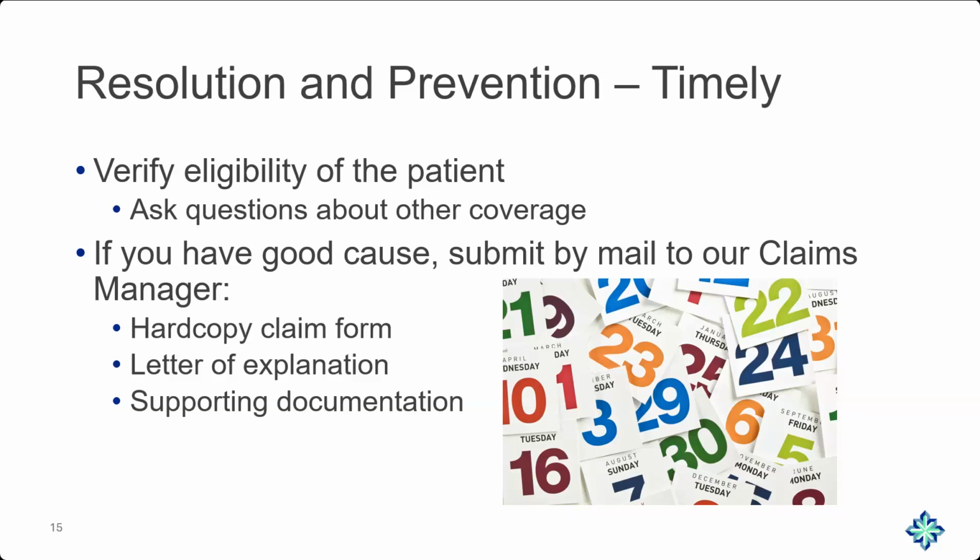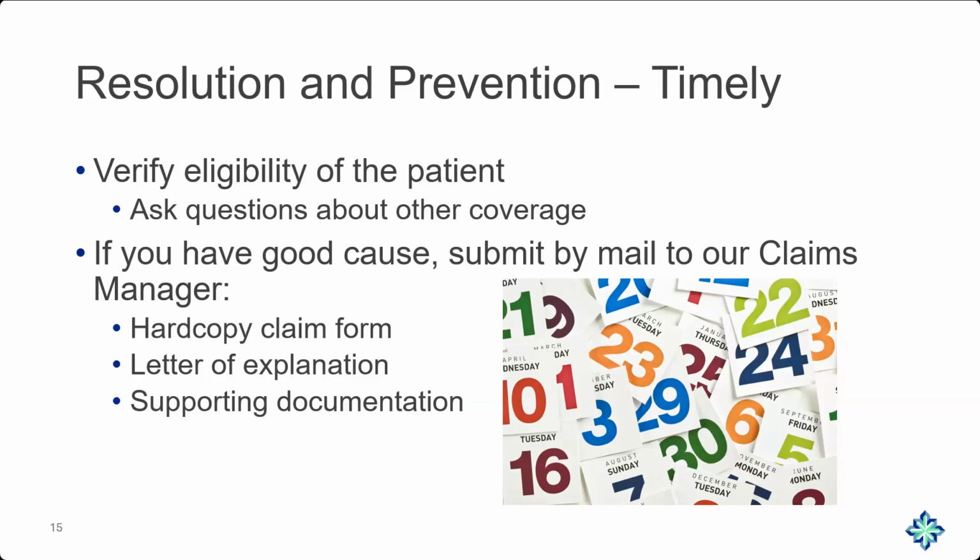And it starts with an original paper claim form. So you have to include a completed UB04 with a type of bill that ends in a 7 that indicates an adjustment. You have to include any documentation needed to process the claim. A letter explaining why the timely filing deadline was missed, documentation proving good cause.